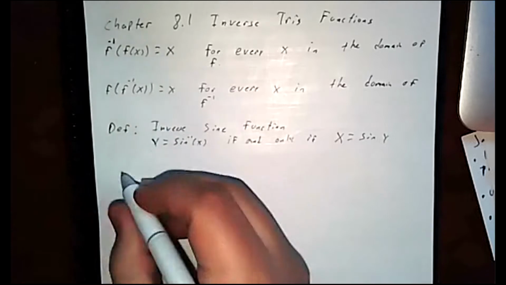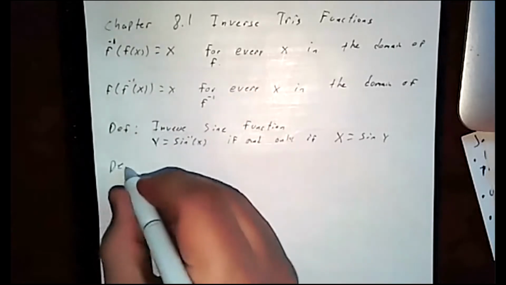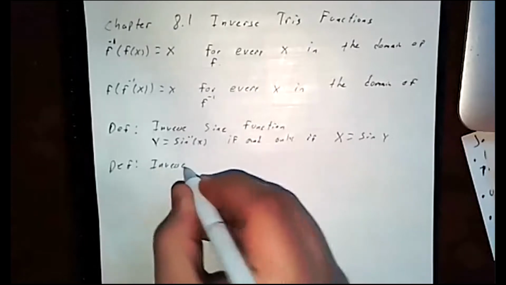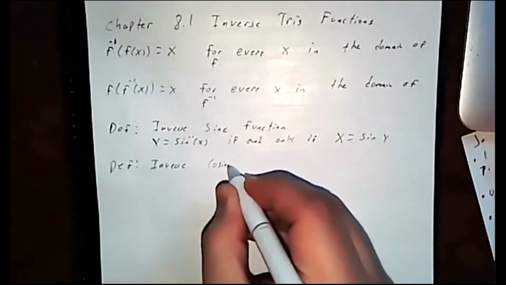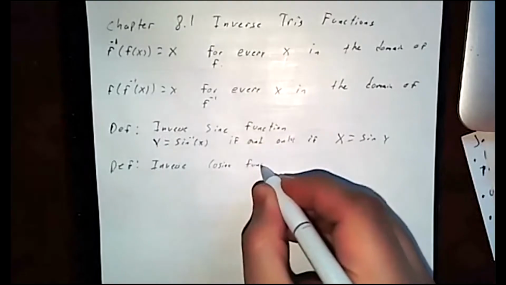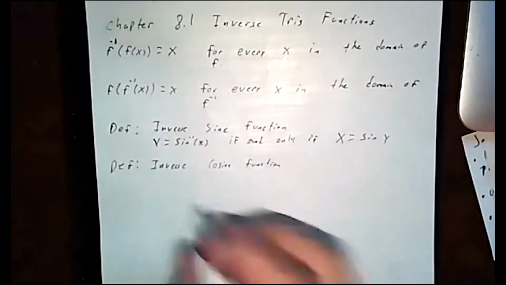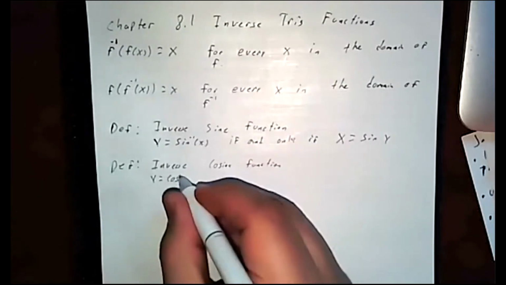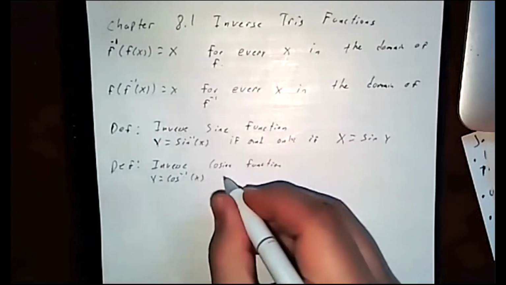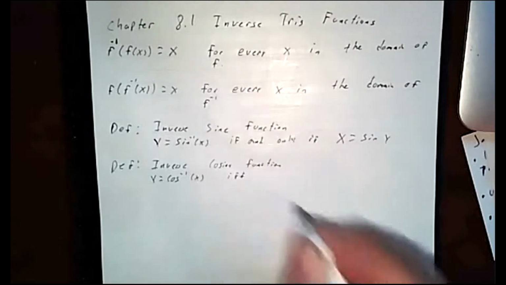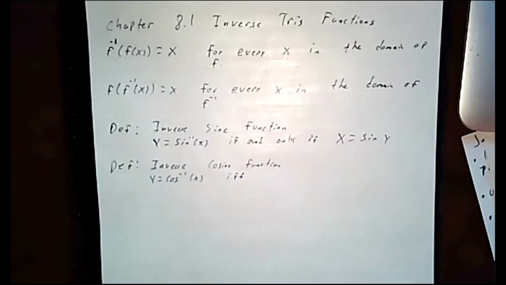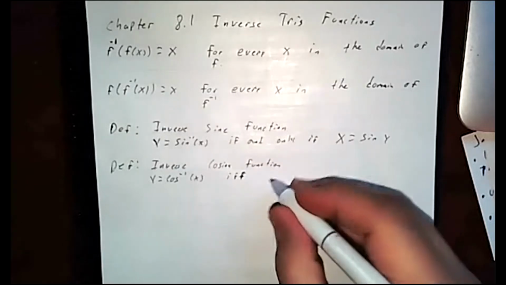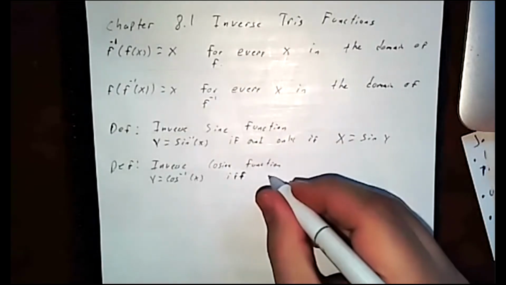Okay. They give you the definitions for cosine and tangent. Inverse cosine function. Y is equal to cosine inverse of x. I'm going to put IFF for if and only if, right here in the notes. X is equal to cosine y.